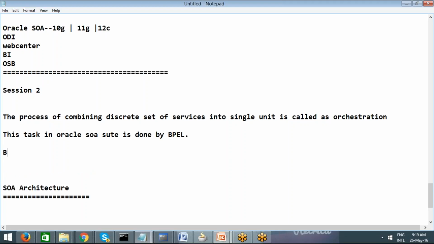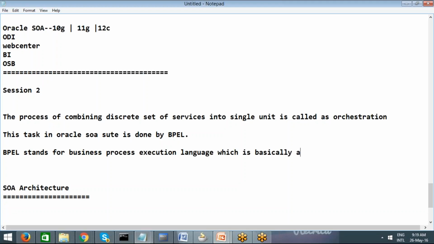BPEL stands for Business Process Execution Language, which is basically an XML-based language.